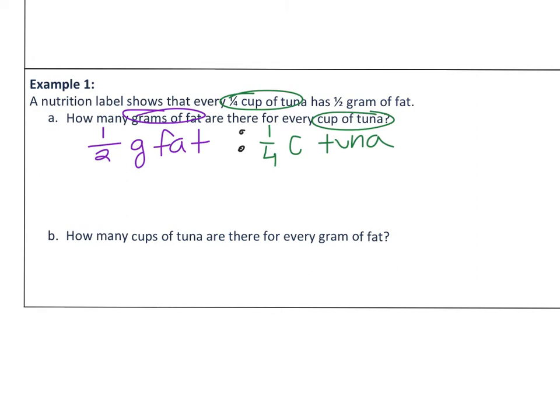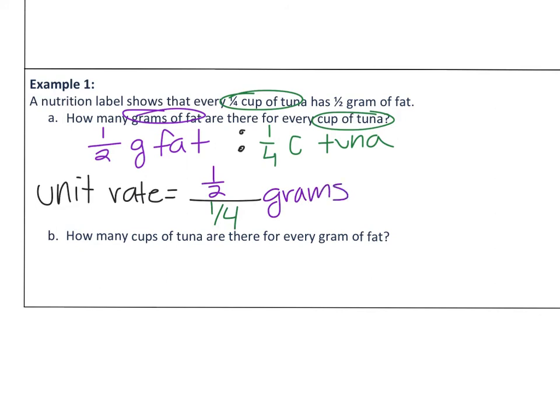Then for my unit rate, I'm going to do 1/2 over 1/4. Okay, and that is going to be grams to 1 cup of tuna.